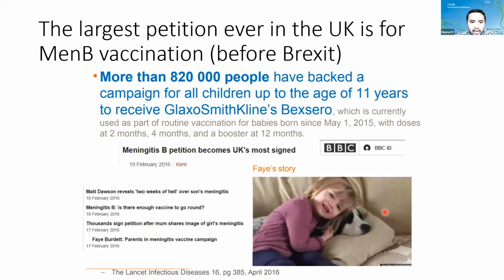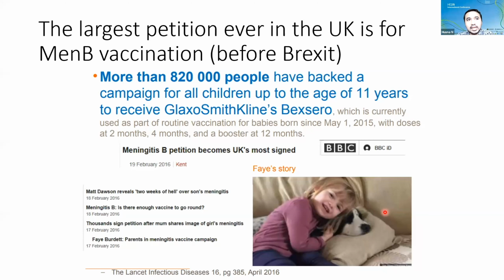So this shows that here in the UK, the meningitis B vaccination is supported by many people, even though vaccinology is still a new technology.